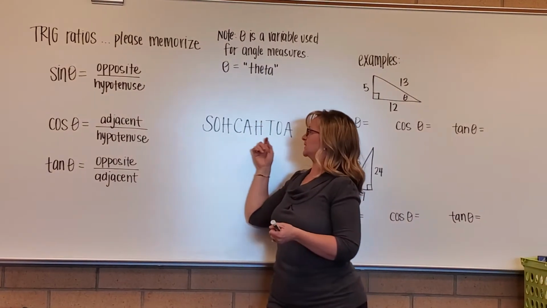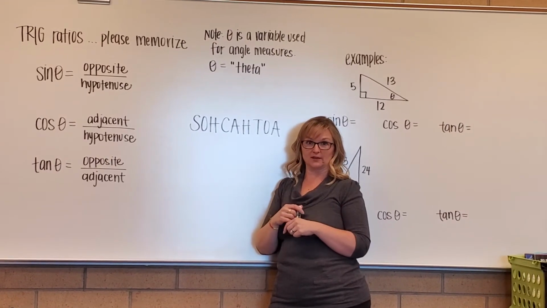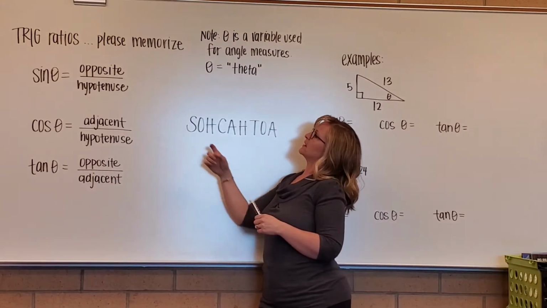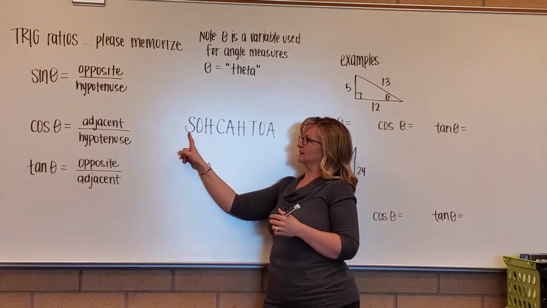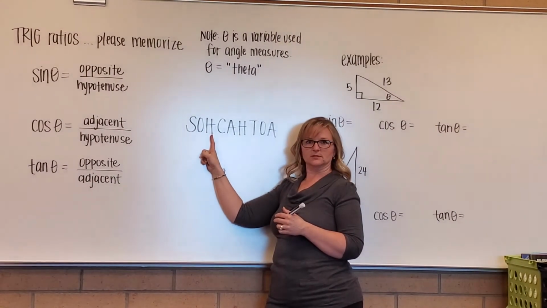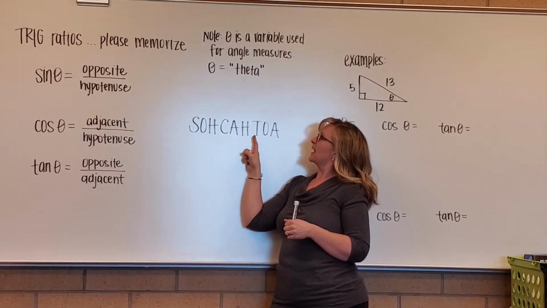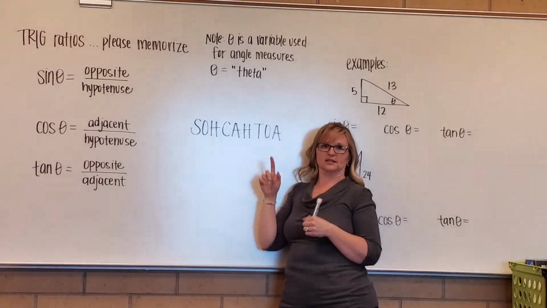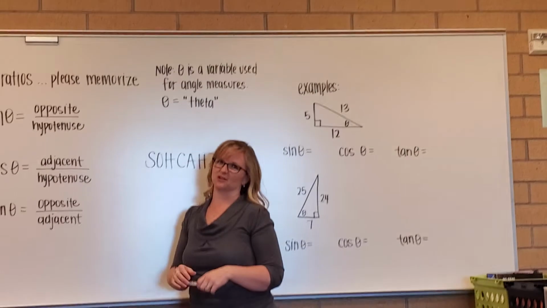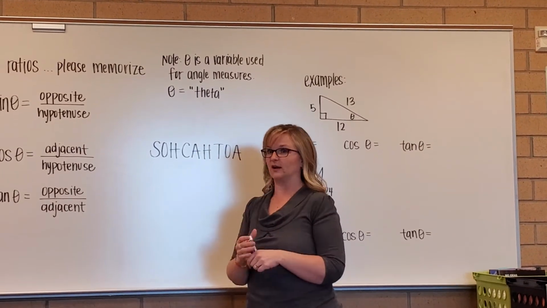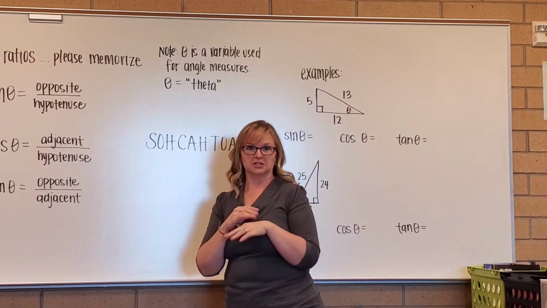Now, I wrote this up here. Once upon a time, someone told me that Pocahontas actually had a best friend that we never learned about in the movie, and her name was Sokotoa. But really, sine equals opposite over hypotenuse. Cosine equals adjacent over hypotenuse. And tangent equals opposite over adjacent. It's just a memory device, actually. My favorite, though, some of my students aren't super interested in Pocahontas' best friend, but they are interested in, like, I don't know, illicit drugs, things like that.